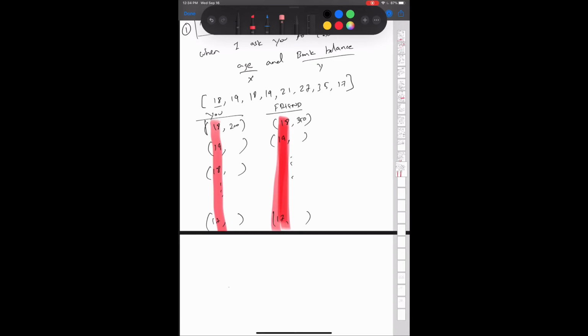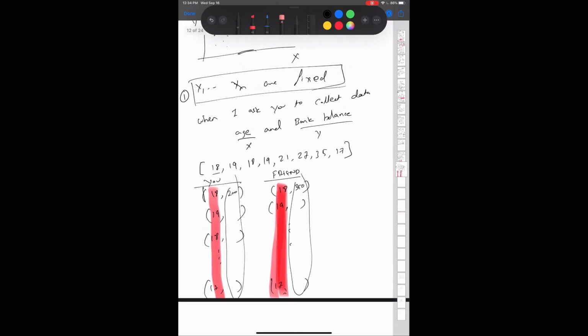So you see that this part of the data is random. What is fixed is the xi's. And when I say that I fix the xi's, I mean that I decide what the xi's are before I go into the field, and I decide on what kind of data I want to collect.